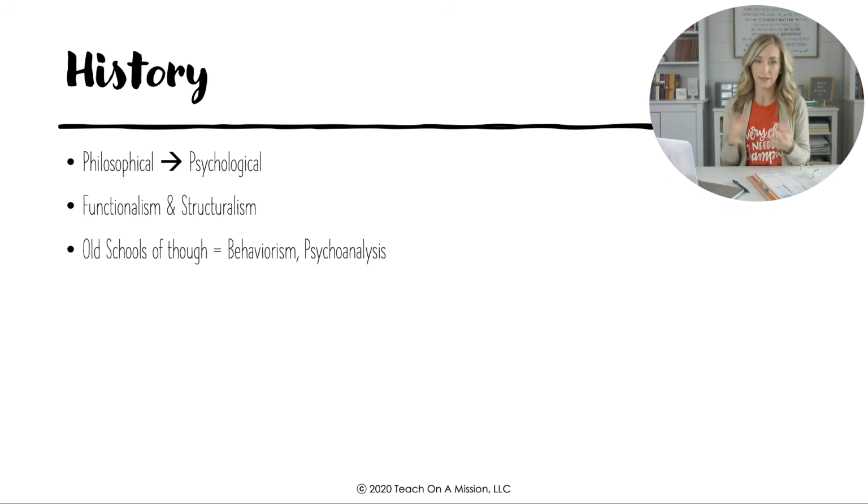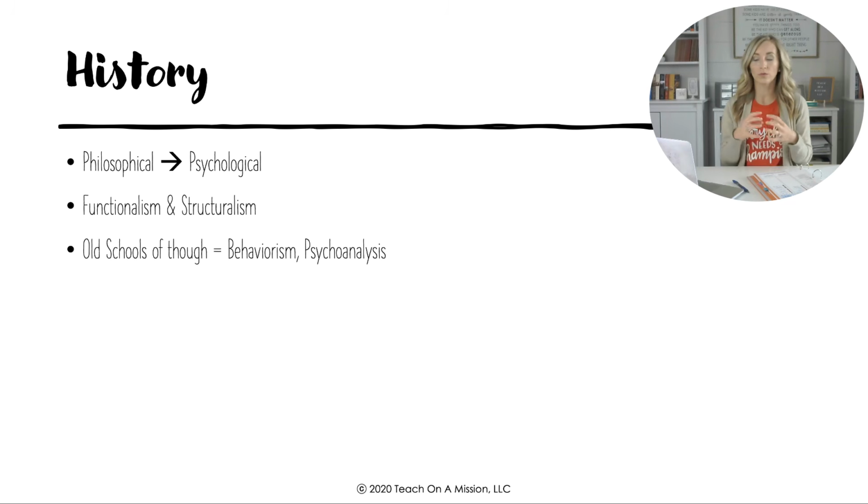History is what I mean when you see Intro to Psychology in that topics list there, and you just have to have conceptual understanding here. I'm going to do this really briefly. The big understanding you need to have is that psychology started from philosophy and then eventually became a science of psychology. The old schools of thought started with functionalism and structuralism first, and you'll want to study those as you would a vocabulary term.